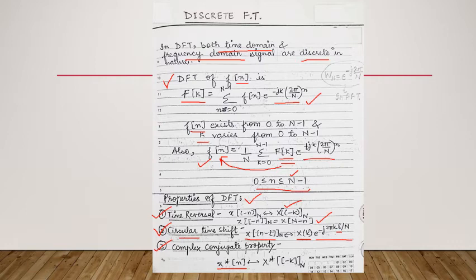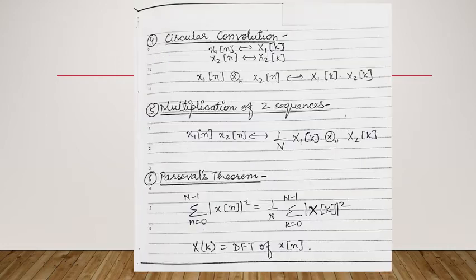That is, I take the negative of the imaginary part. If I do something like that, then what will happen to the transform? The transform will also turn to its conjugate and the values of k will be replaced by minus k wherever it is coming. So these are the first three properties of DFT.